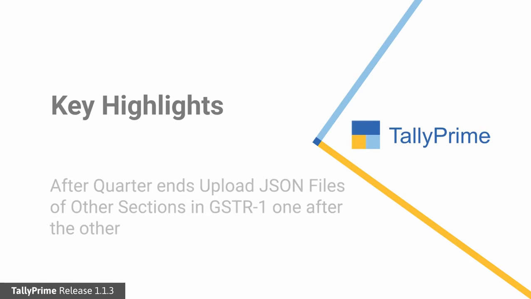And at the end of the quarter, dealers can upload the details of other sections in GSTR1 for the whole quarter. Let us see how to export separate JSON files for each section in GSTR1 using Tally Prime and then upload them on the GST portal for filing e-return.